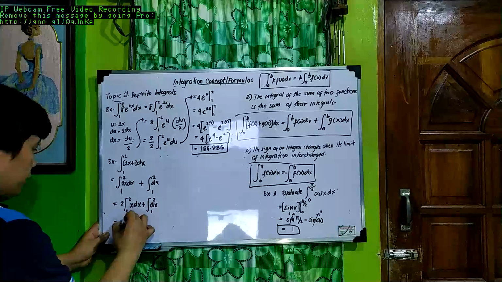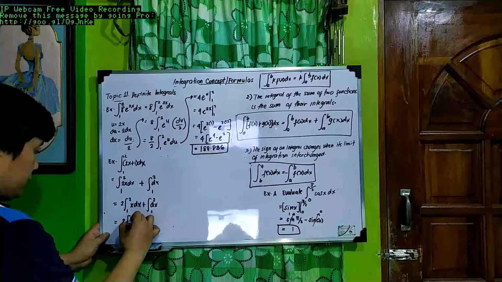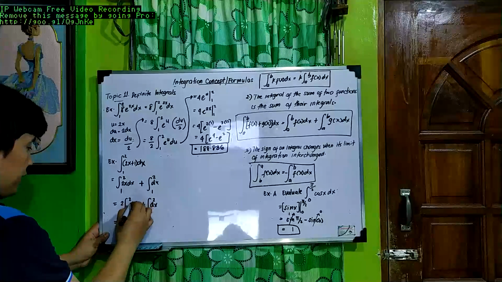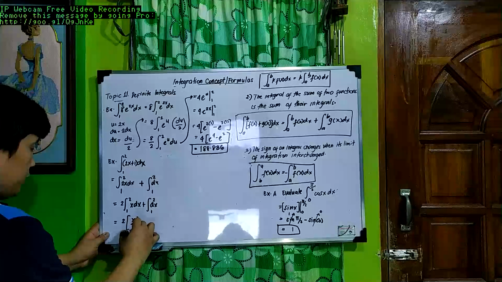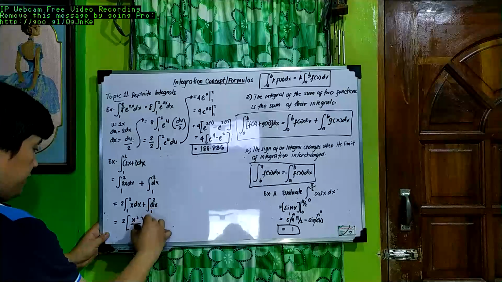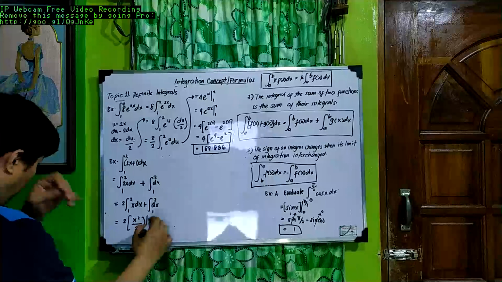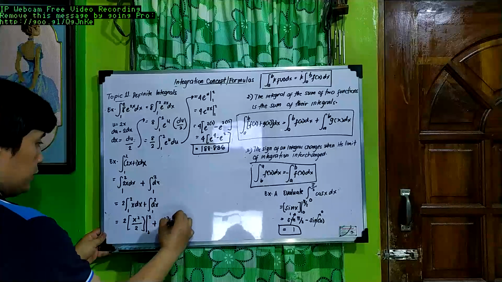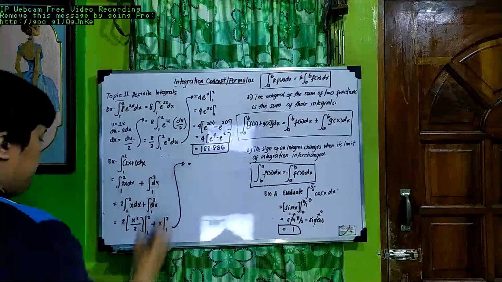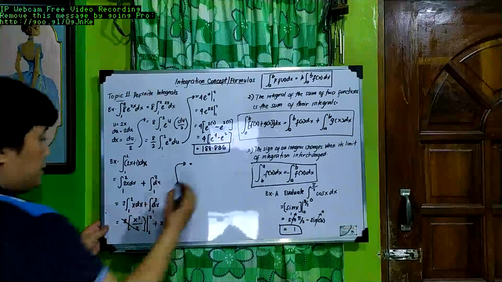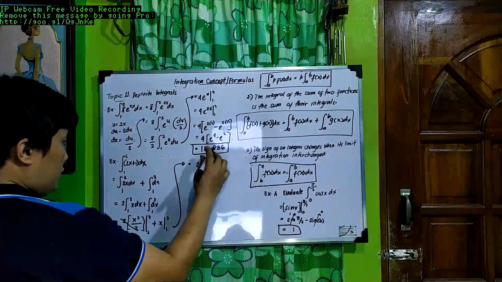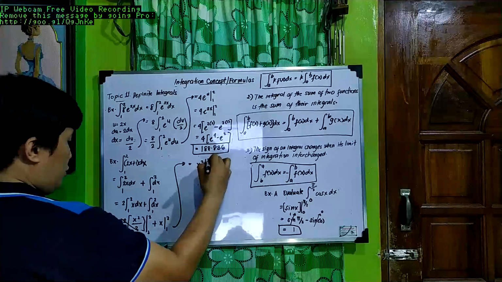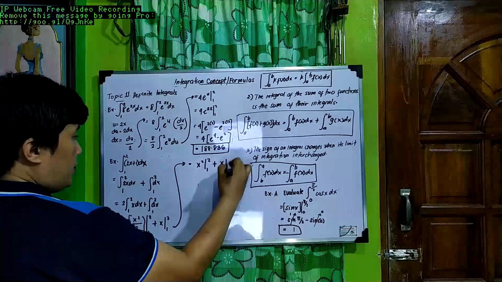So you have 2 multiplied by x squared, because that is plus 1 over 2, limits from 1 to 2, plus x limits from 1 to 2. So therefore, we can cancel this. What remains is x squared limits from 1 to 2 plus x limits from 1 to 2.